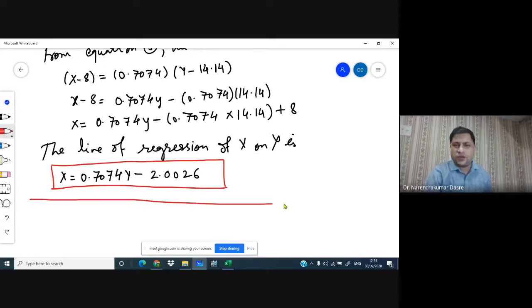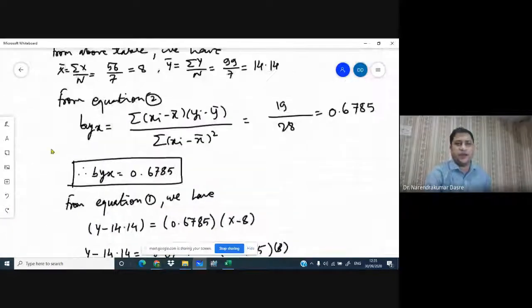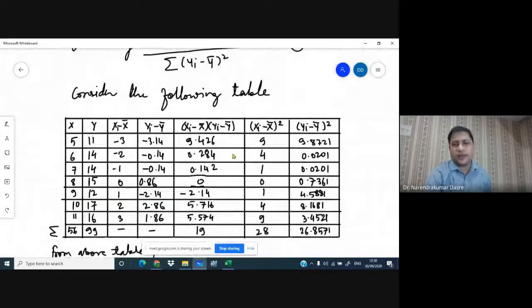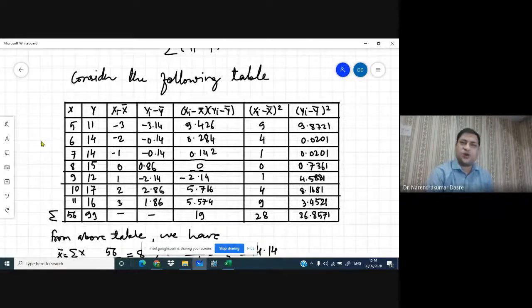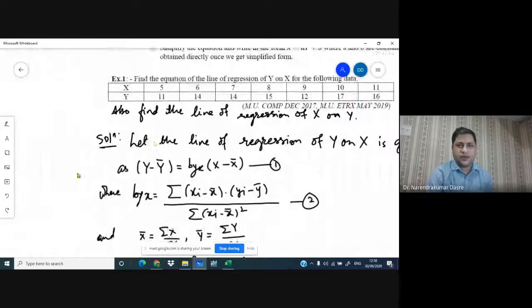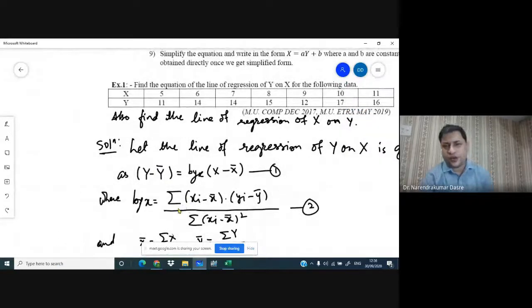This way we are able to calculate the line of regression of x on y and y on x also. Now you can see the table that we have used is the same as the table used for small r, the coefficient of correlation.